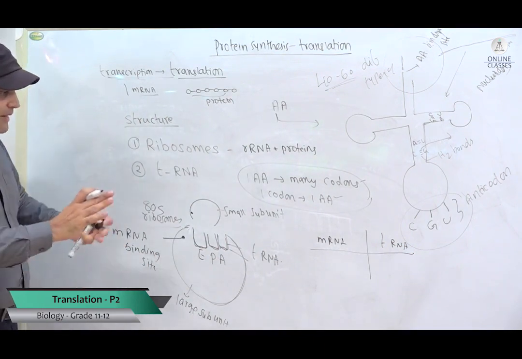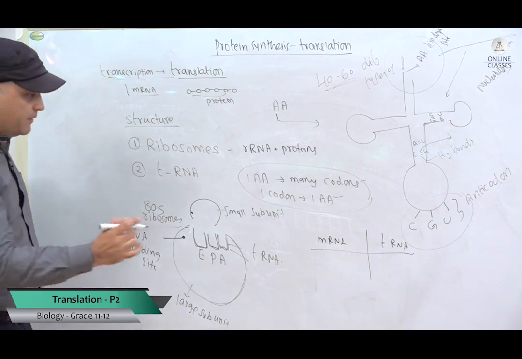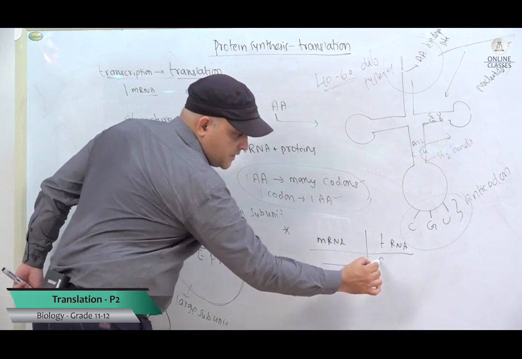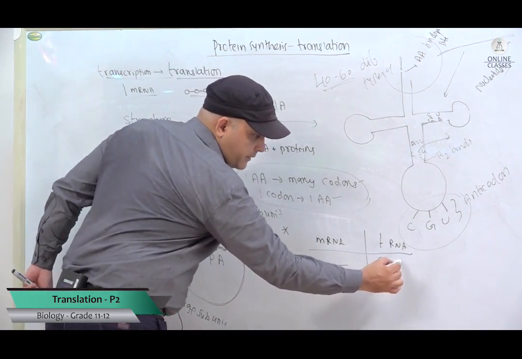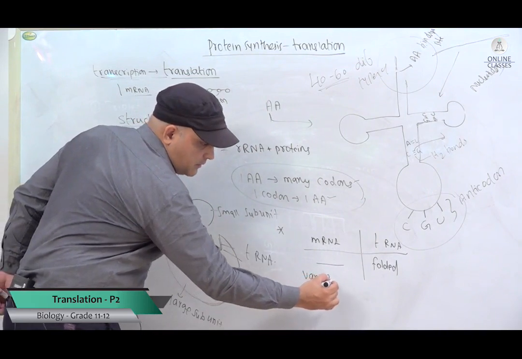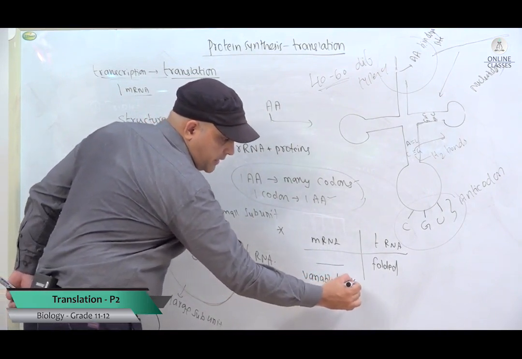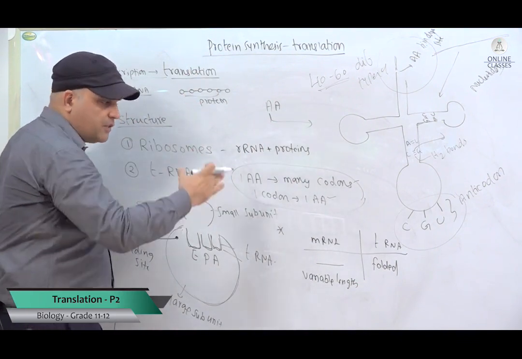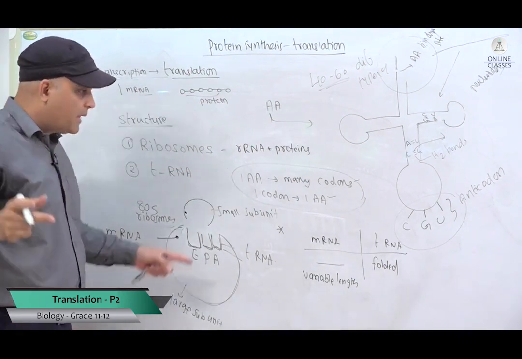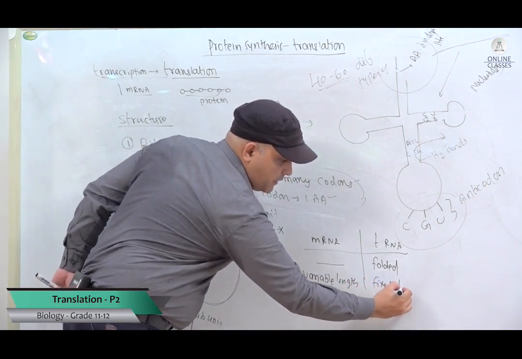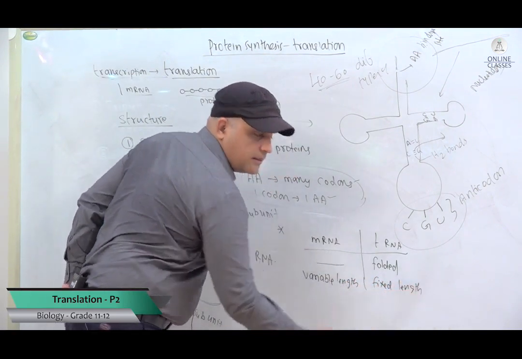And if you are writing about the differences, it's very important. mRNA is a straight chain compound, while tRNA is folded. mRNA can have variable length. What do you mean by variable length? The mRNA length depends on the length of the gene. If the gene is lengthy, mRNA will also be lengthy. tRNA has a fixed shape and length, not a variable length.